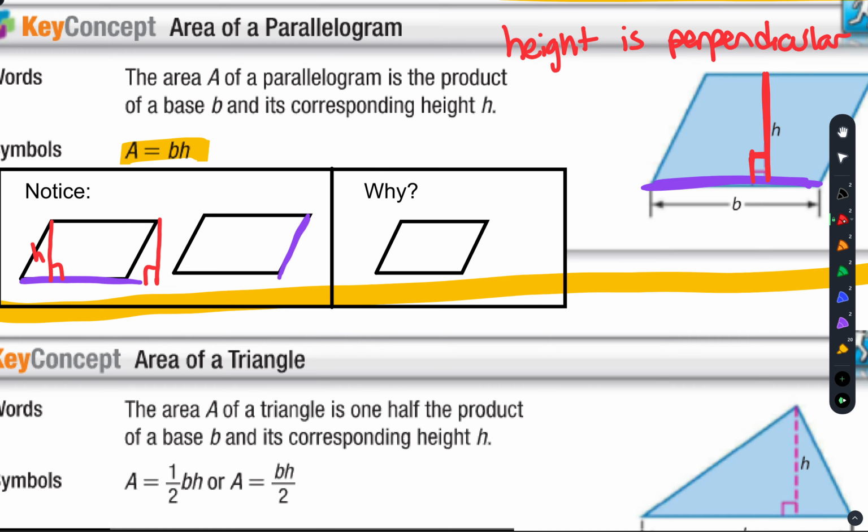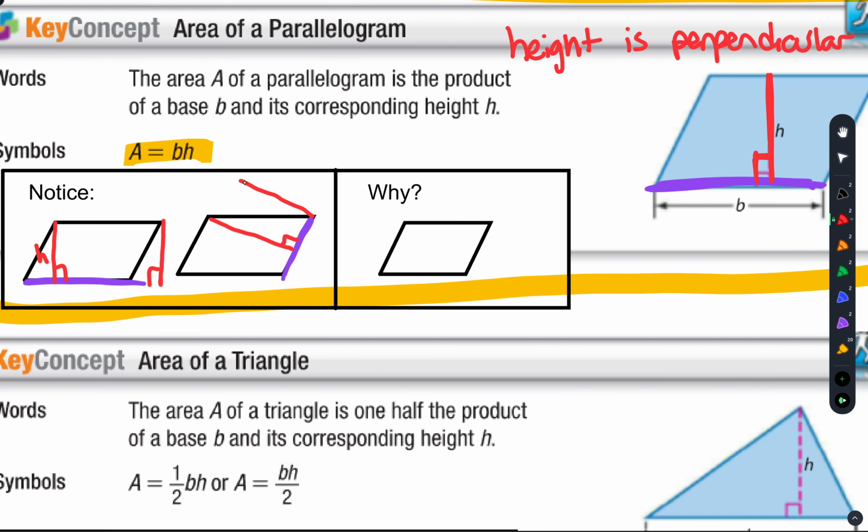I have to turn this sideways, and I have to make sure that my height is perpendicular to this base. Wherever I choose the base to be, height is going to be perpendicular. Notice I did not choose the other side to be the height. That height is not just the other side of your parallelogram.